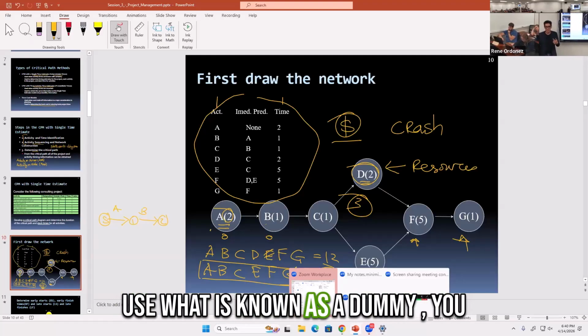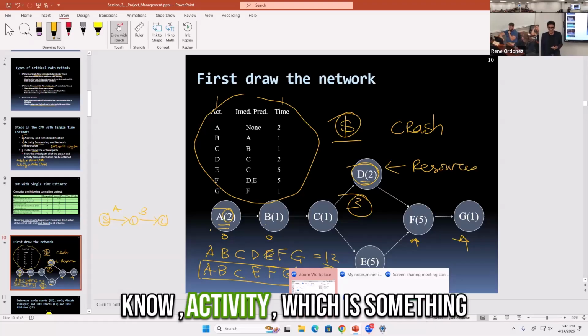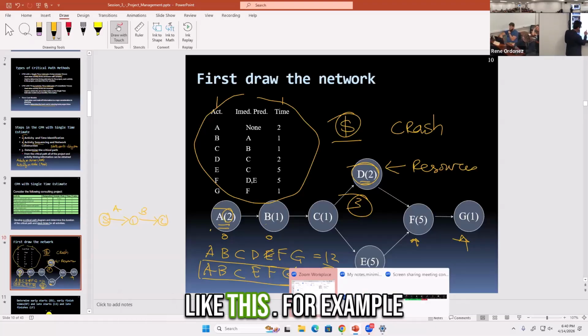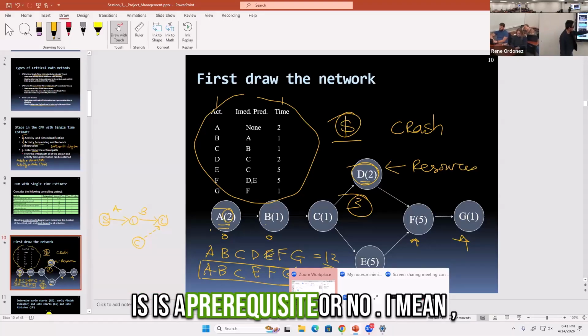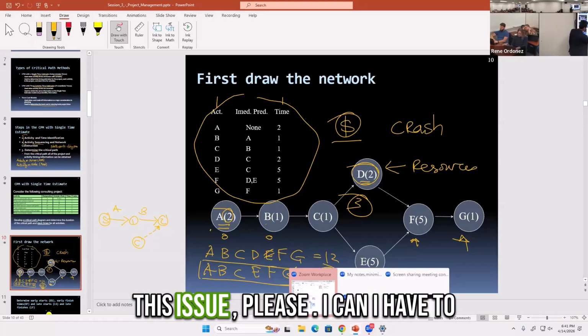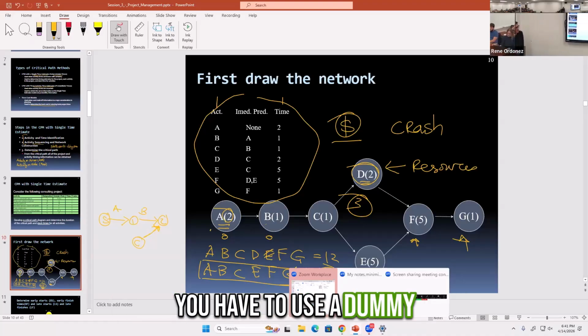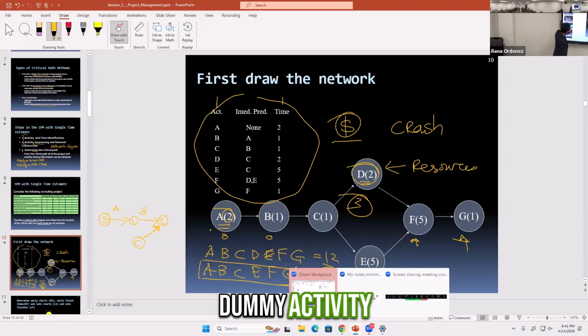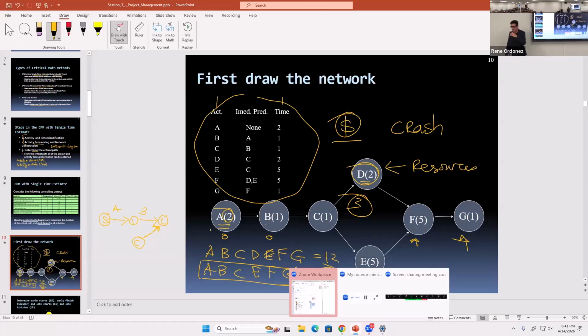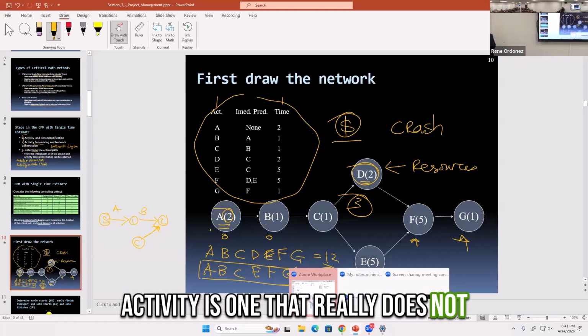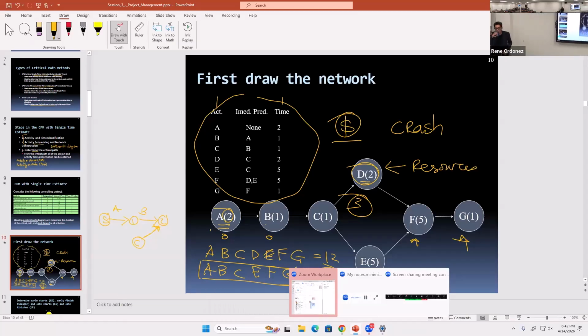I prefer to use the activity on node because when you are doing activity on arrow, sometimes you'll have to use what is known as a dummy activity. A dummy activity is one that really does not contain any time.